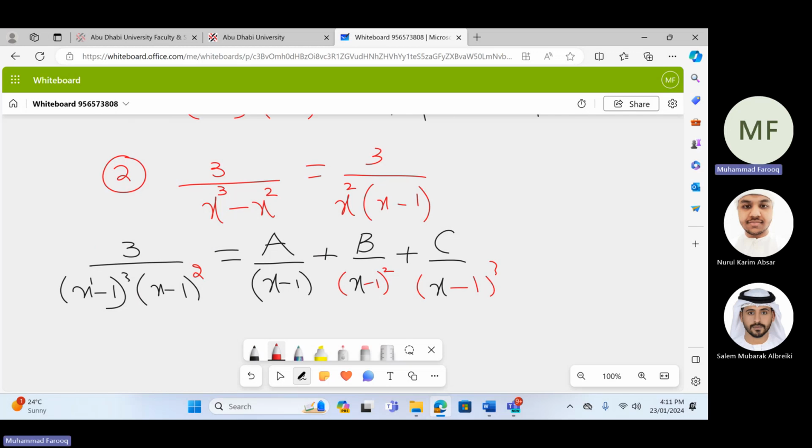When we have x squared, for example, and x minus 1, what happens to the x minus 1? You have a over x, then b over x squared.